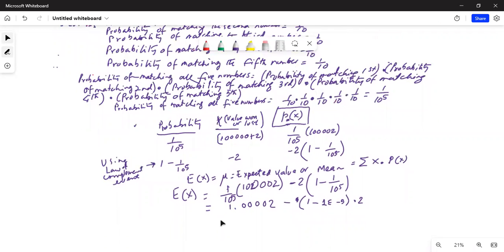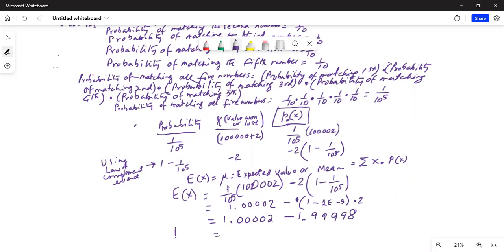So this is again 1.00002 minus 1 minus 1 exponent minus 5 times 2, which is minus 1.99998.